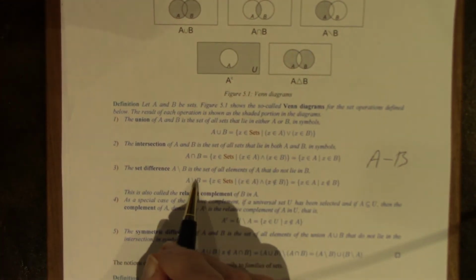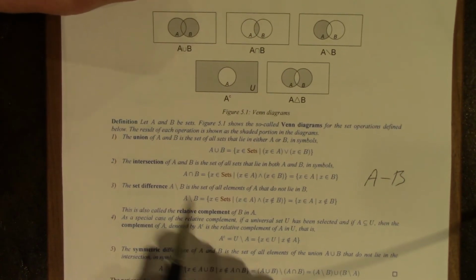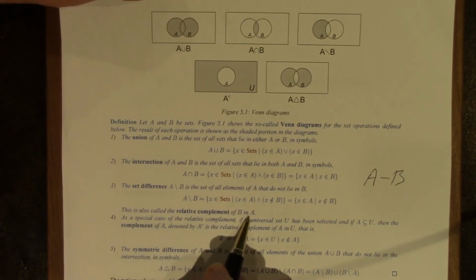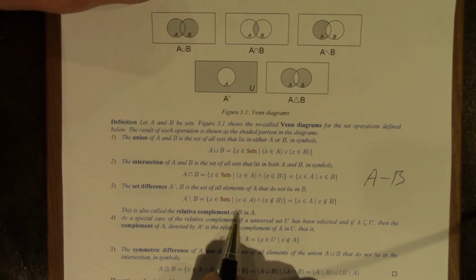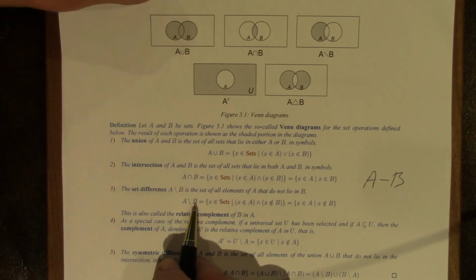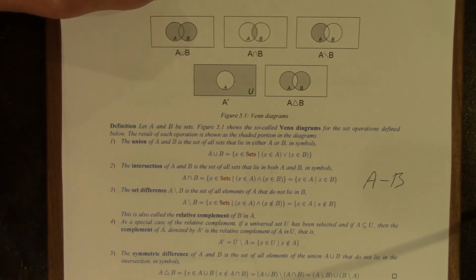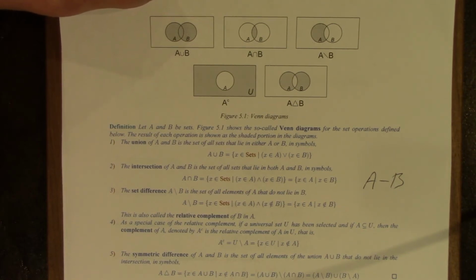The set difference is also called the relative complement of B in A. So be careful here. It's not the relative complement of A in B, it's the relative complement of B in A. Complement means not, basically, everything else but.